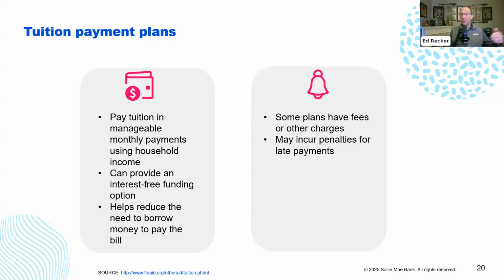And they allow the family to pay that over a 9 or 10-month period. So that's really what a tuition payment plan is. They may have potentially a processing fee or a small interest fee on that. And just like anything else, if you sign up for this and you make a late payment, there may be a late payment charge there.